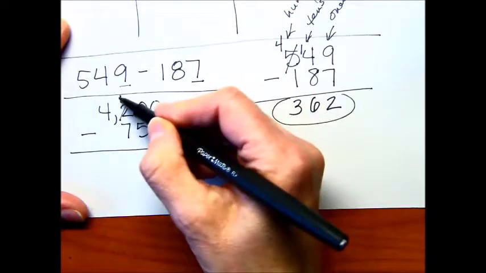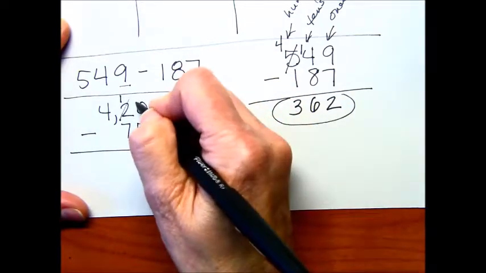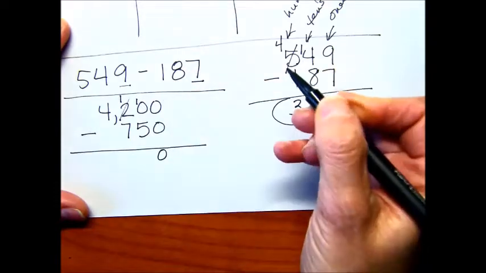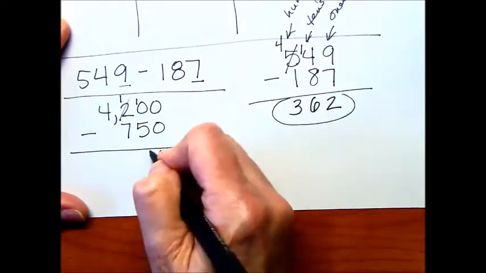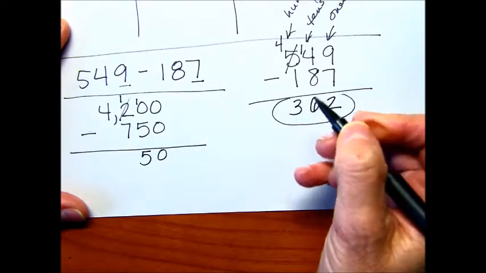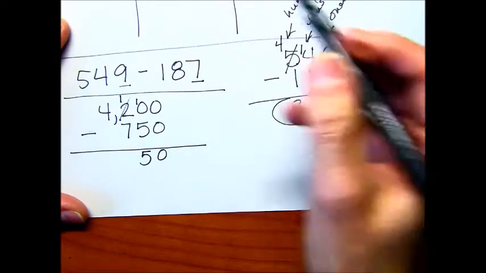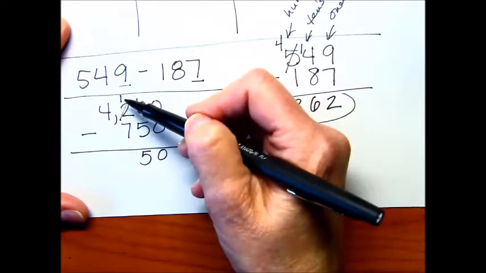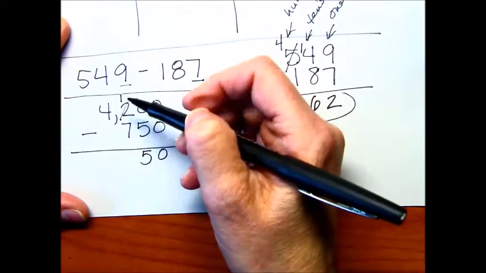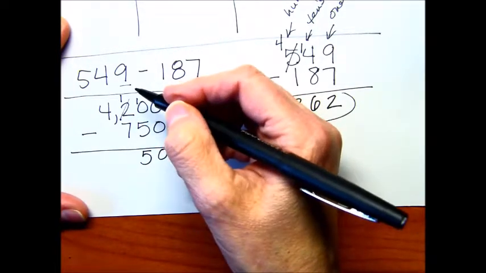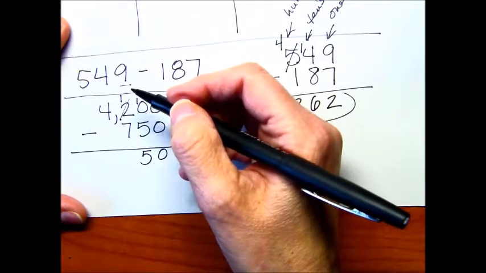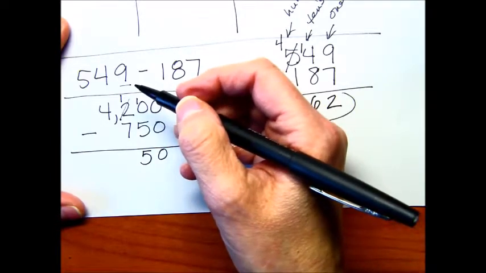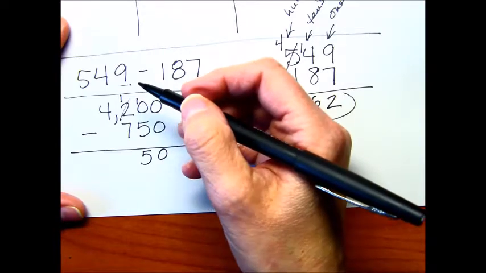I'm going to trade that 1 100 to 10 tens. Now I have 10 tens minus 5 tens. That's 5. 5 tens left. I'm going to have to borrow again. And you might have problems where you'll have multiple borrowing situations, and that's just the way it is with subtraction. Sometimes you don't have it, but oftentimes you do.